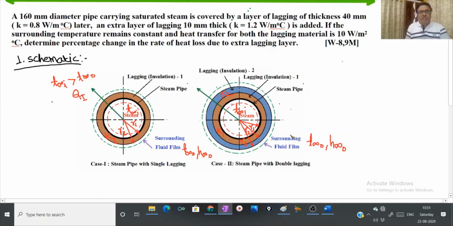And by virtue of the temperature difference between saturated steam and surrounding fluid, the rate of heat loss from this composite pipe is Q2.